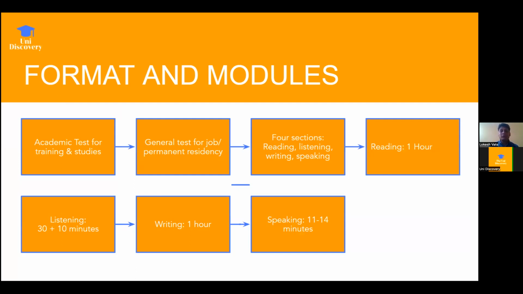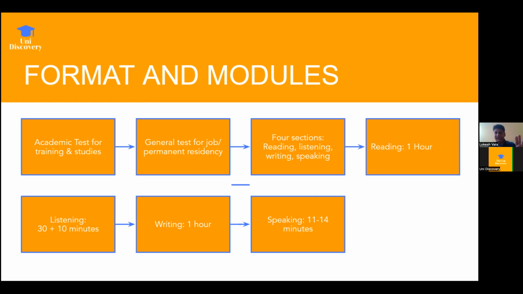Let's say you are a doctor or a dentist, you have done your bachelor's, or some kind of training just after school, and you look forward to training or study abroad for 2 years or even 1 year, even for shorter courses. You still need to go ahead with the academic module of the IELTS examination. And that is why it is also known as the training module.